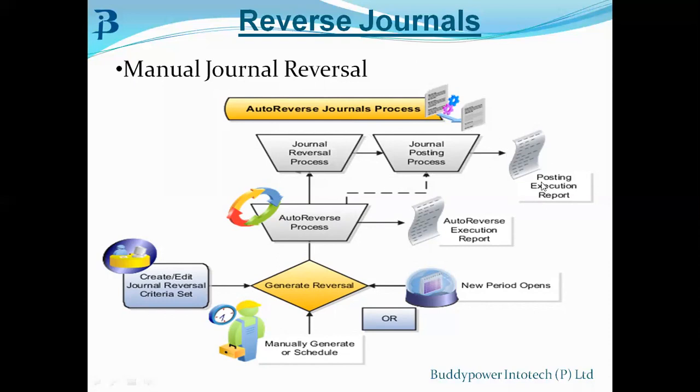So basically, after your new period is opened, you enable it, you send all the journals for auto reversal, then you get a report saying that your journals are processed, and you finally get an auto post execution report saying that all journals are posted and reversed automatically, and if there is an error, it will show you in this execution report. So this is your auto reversal of journals. All right, any doubts here?